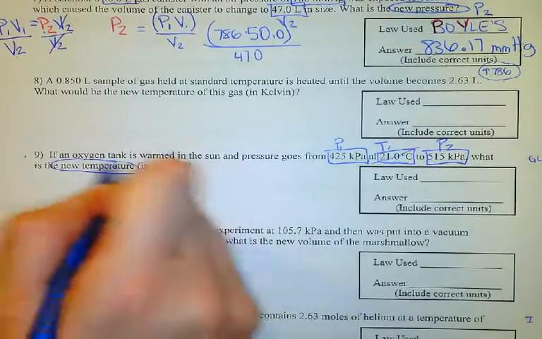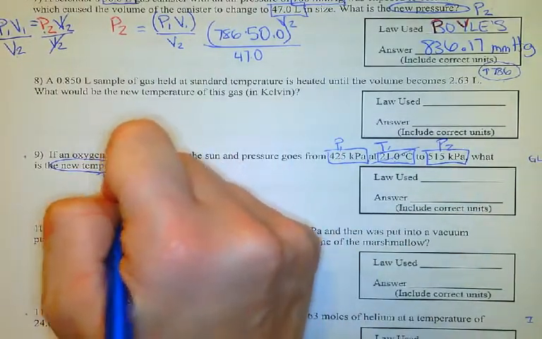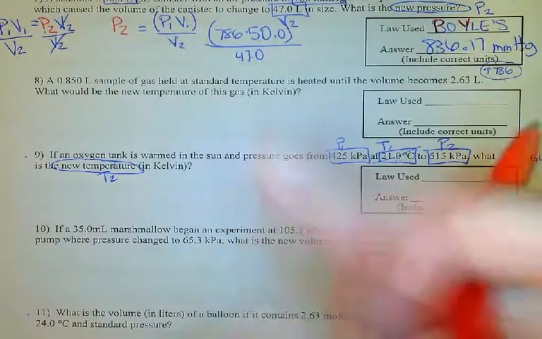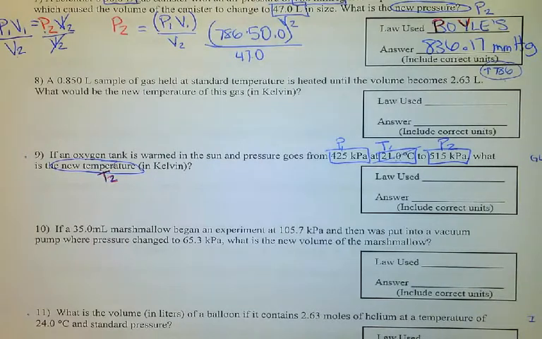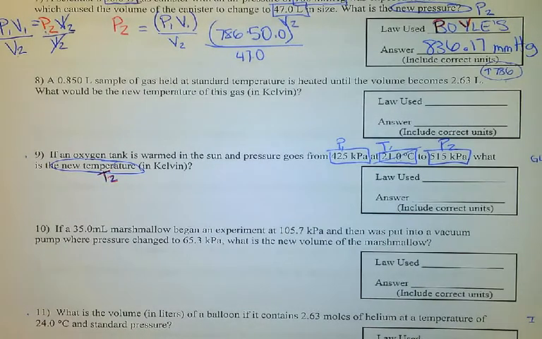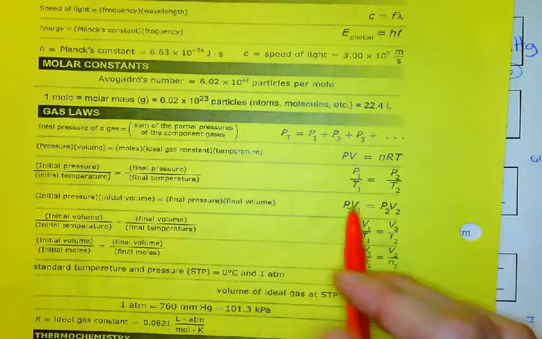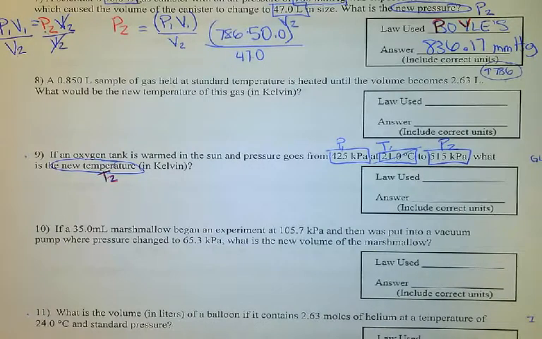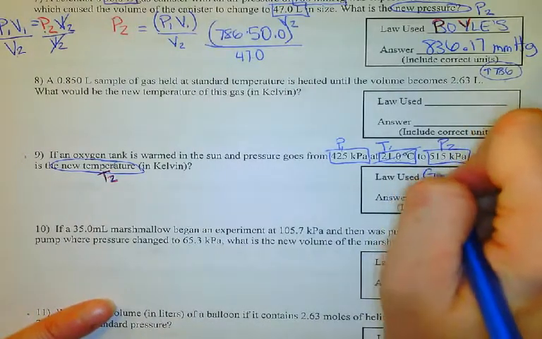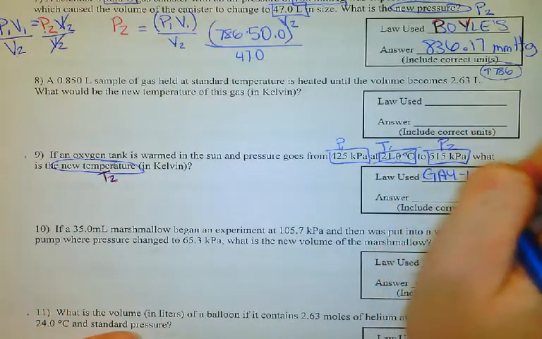They're asking me for a new temperature. So they're asking me for T2, and I'm going to write that in red. I like doing that. I like having the colors. It helps my eyes. Alright, so I need an equation with 2 pressures and 2 temperatures. I'll look back here, and this is going to be my equation. And I should know that that's Gay-Lussac's law. So I'm going to write that here. Gay-Lussac.